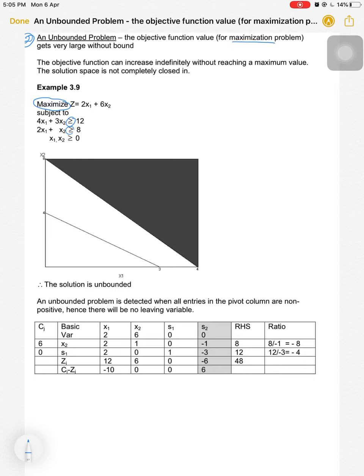Constraint number 2, we have larger than constraint. So we can say the region for both constraints is here. First constraint will be here. Second constraint here. So feasible region should be here.